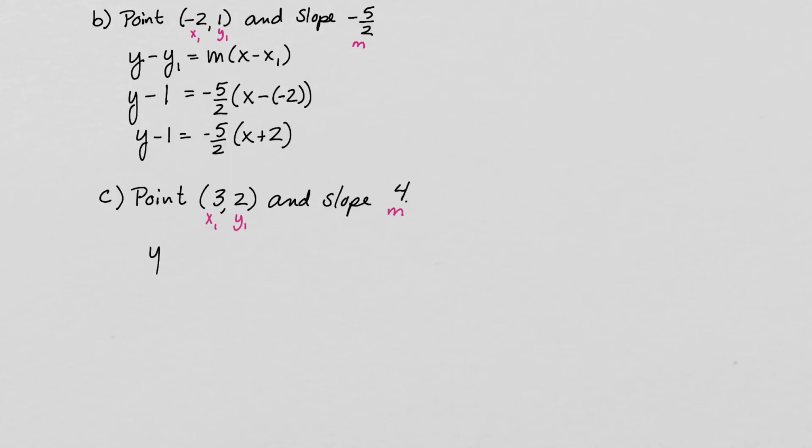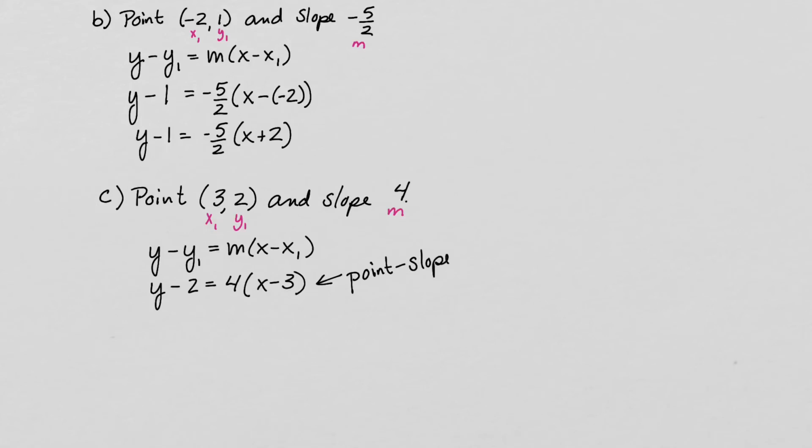And if I use that point slope form, y minus y1 equals m times x minus x1, we're going to have y minus 2 equals 4 times x minus 3. And so again, this is that point slope form. And that's what this objective is asking for.